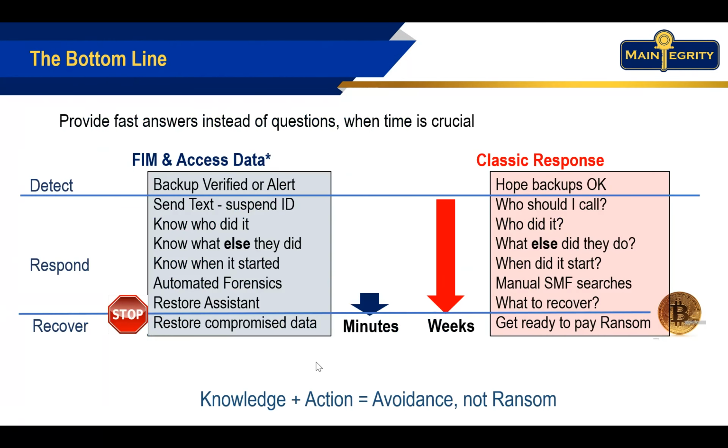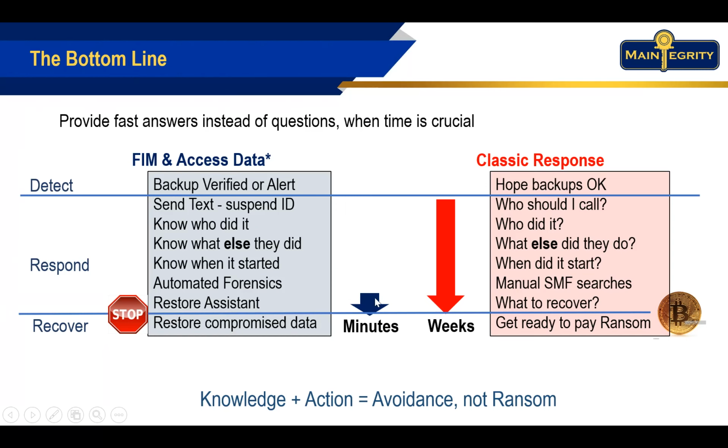So what's the bottom line here? Well, with FIM Plus and the ability to get the access data from SMF in real time, we can compress the amount of time required to respond from weeks, maybe months, to minutes.